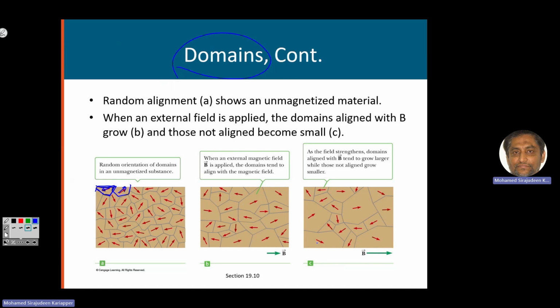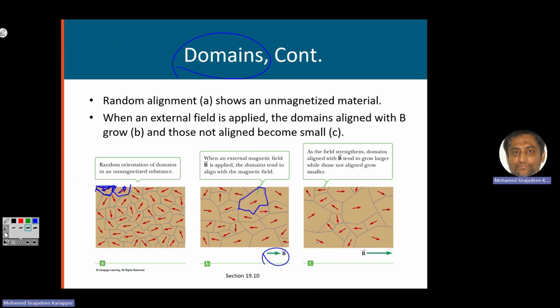But suppose we keep it in an external magnetic field. We bring another permanent magnet close, and let's say the magnetic field direction is that external direction. Then what happens when you apply an external magnetic field? The domains that are more or less in the same direction as the external field, like this one, will grow in size.